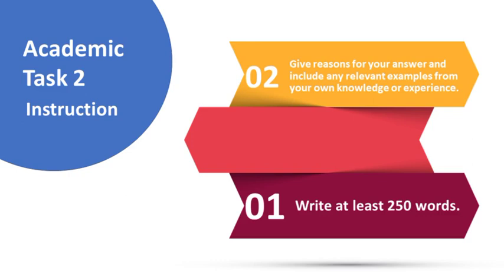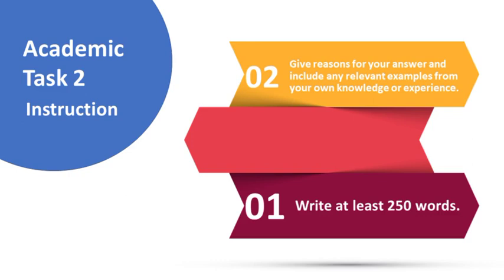The second instruction says give reasons for your answer and include any relevant examples from your own knowledge or experience. You must make sure that whatever examples you want to give are relevant, first of all. Also, they are from your own knowledge or experience. All right.